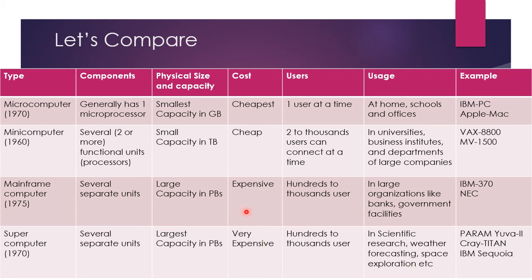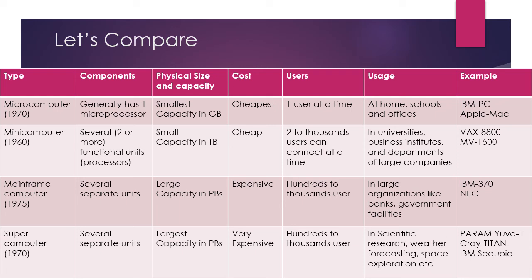Now, it seems that mainframe computers and supercomputers are almost similar. Yes, they look similar, but they have different purposes. A supercomputer is optimized for complicated computations, meaning it can do complicated calculations. ये आपकी कोई भी complicated से complicated problem को solve करने के लिए काम करता है.